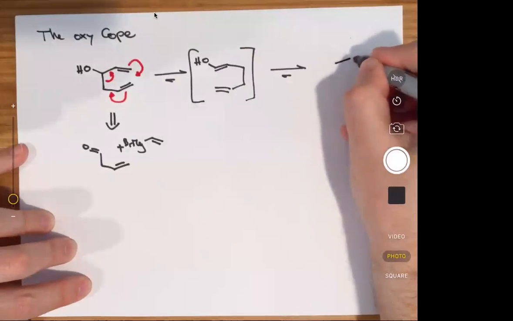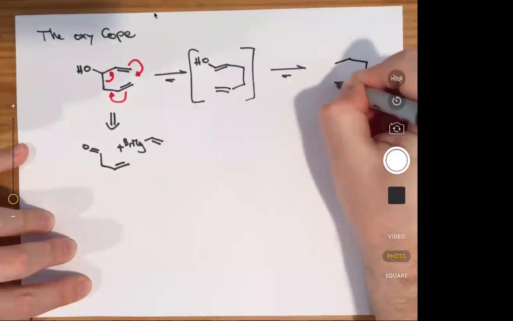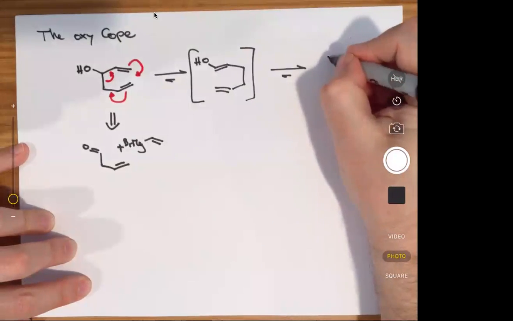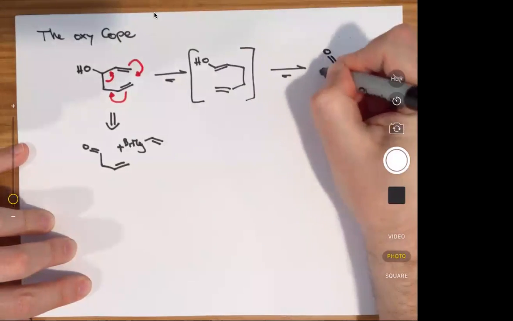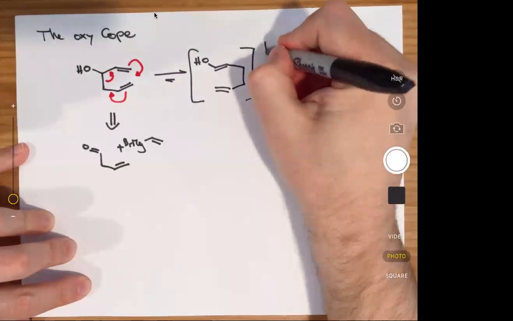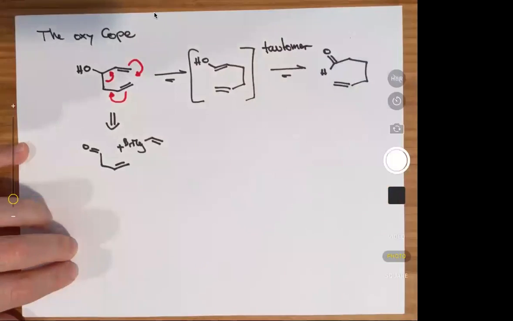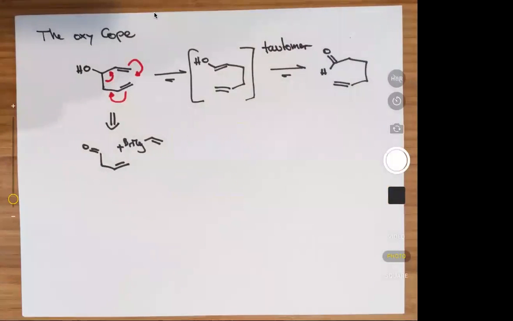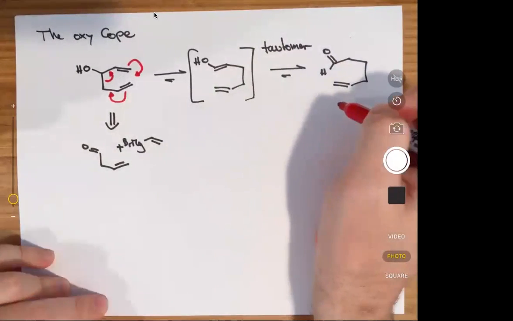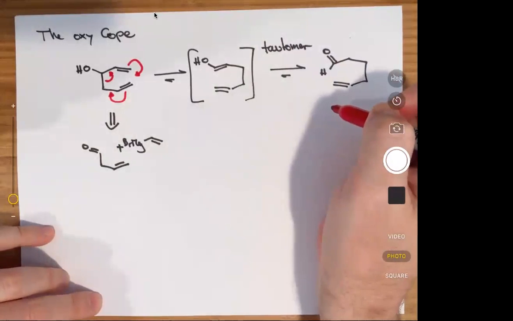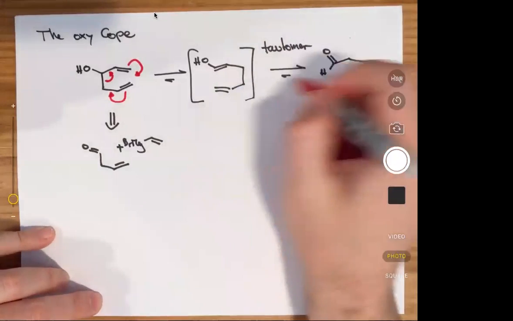So you can draw out here O. And this is tautomerization. So this proton transfer, this tautomerization here essentially is responsible for the driving force of this reaction.